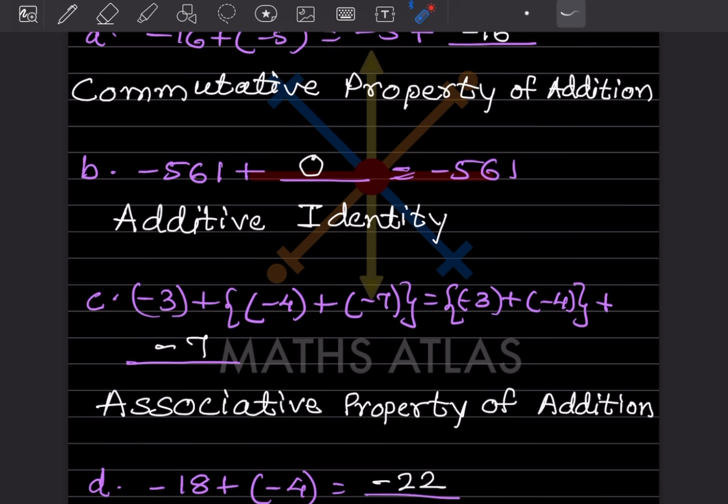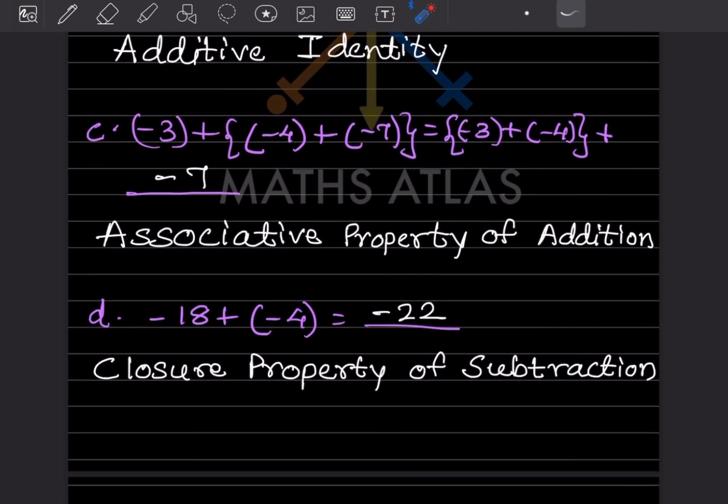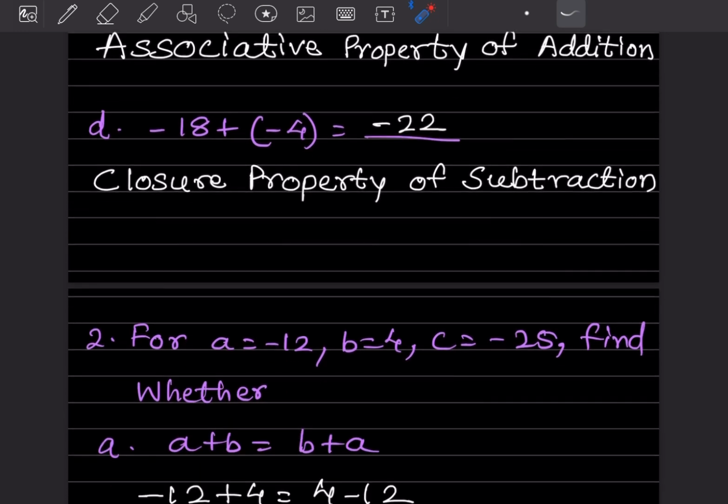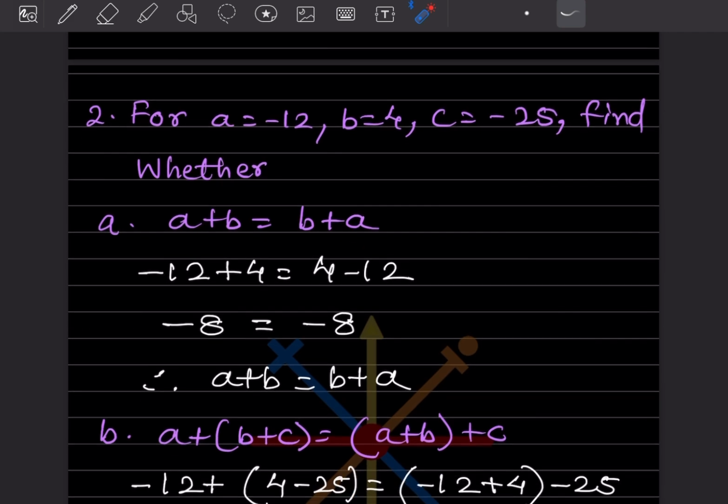So the next one, that is minus 18 plus minus 4. So minus 18 minus 4, which is going to be minus 22, which is the closure property of subtraction. Now it's given here, if a is equal to minus 12, b is equal to 4, c is equal to minus 25, you have to find whether a plus b is equal to b plus a.